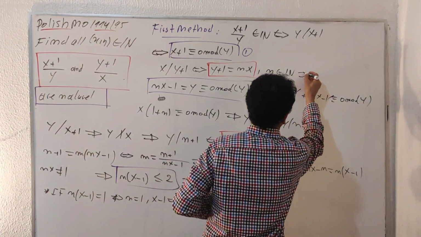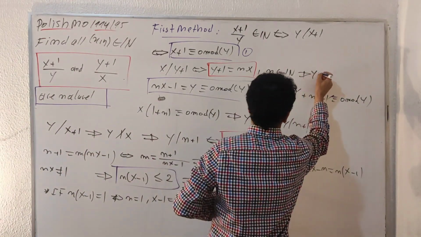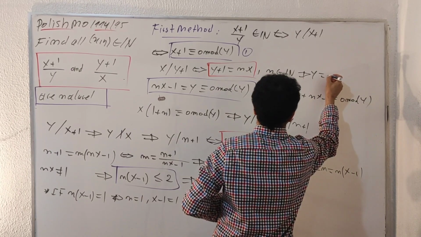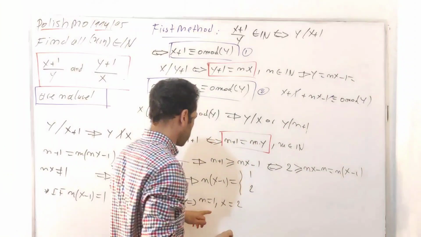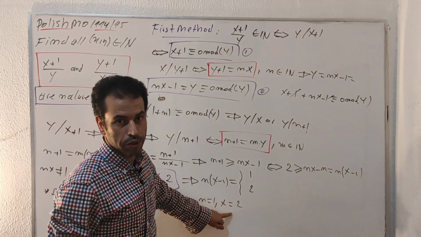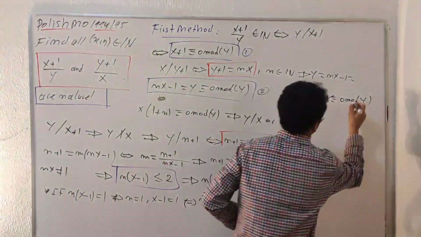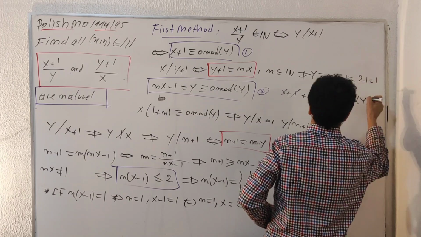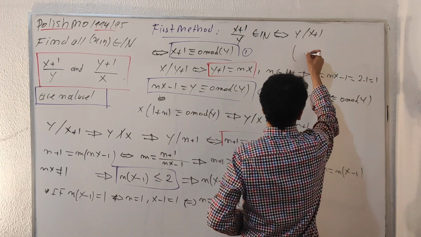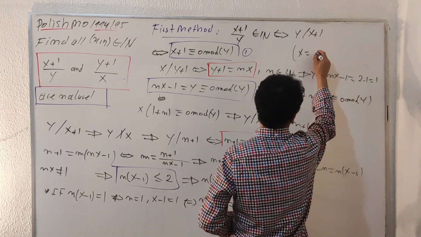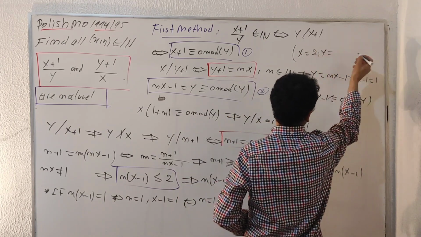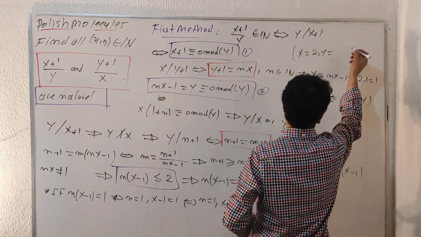So it's simply telling us y equals nx minus 1. n will be replaced with 1, x will be replaced with 2, which means I will have 2 minus 1 equals 1. So I have the first pair of the solution, which is x equals 2 and y equals 1.